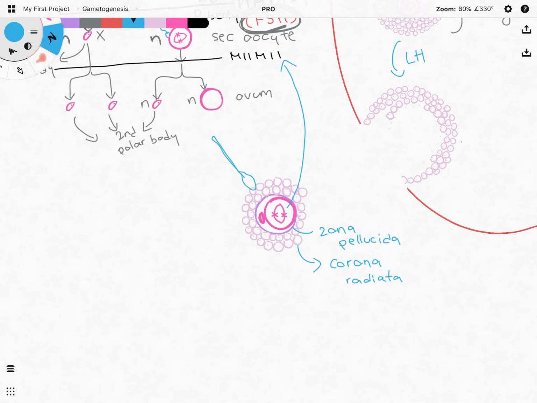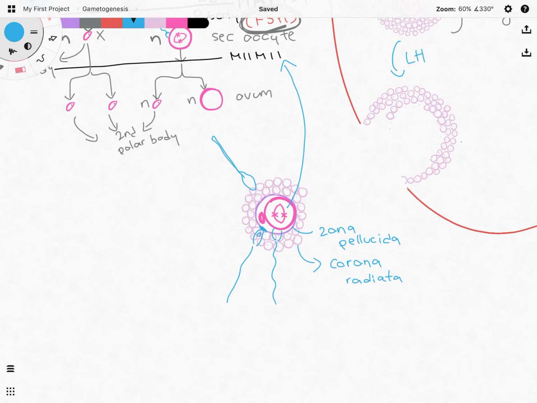Eventually, the sperm will reach the zona pellucida. When it reaches the zona pellucida, inside the sperm is the acrosome. Acrosomal reaction will occur such that it will digest the zona pellucida so that it can reach the secondary oocyte. And when it reaches the secondary oocyte, its membrane will fuse with that of the secondary oocyte.